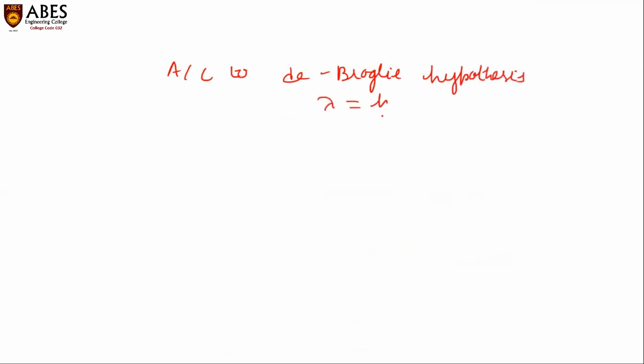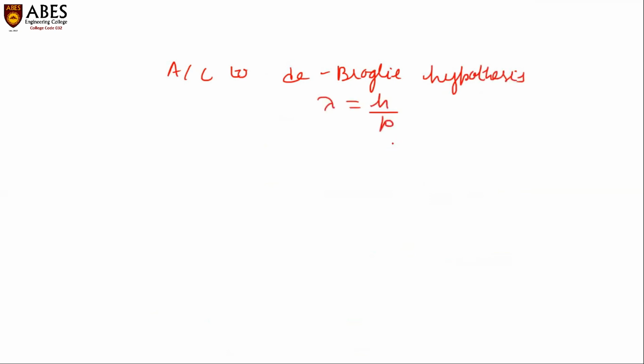According to de Broglie hypothesis, lambda is equal to h upon p.